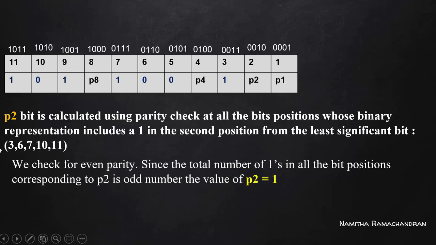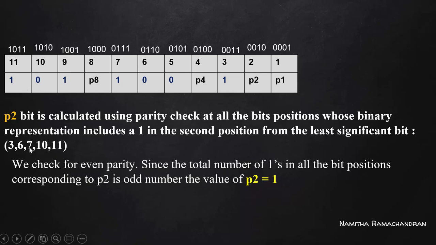Okay, so here in these positions, consider the ones present. It is an odd number. We are following even parity system, so in order to make an even number, we can set this P2 with a value 1. Here we have 1 and next here we have 1, second one, and here we have the third one.